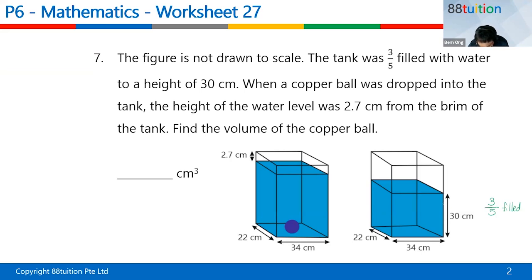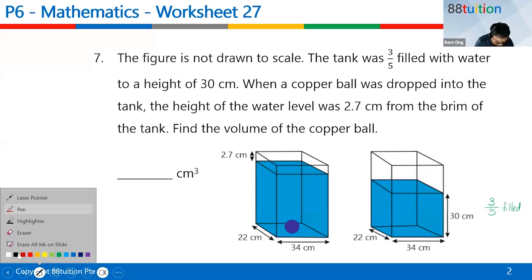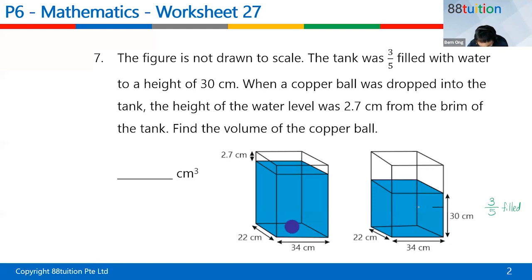It means that down here got 3 units: 1, 2, 3. Can you see this? And on top got another 2.